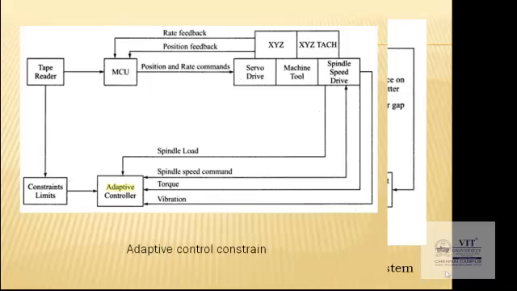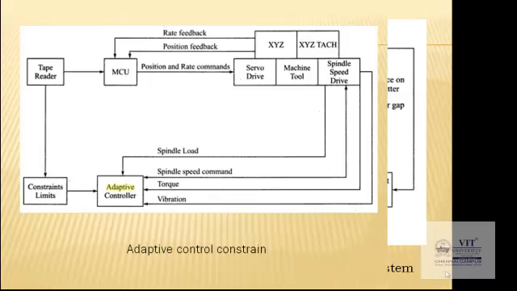Externally we also give the constraint limit for that particular workpiece. Suppose we are using a 15 mm diameter end mill cutter on the workpiece we are going to machine. For this we have some maximum constraint limits. The speed should be this much, the vibration for this particular operation should be this much, and the torque for this particular tool over the material should be this much.